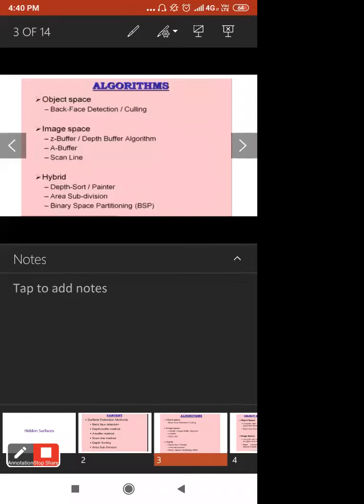When you are in a world coordinate system with world dimensions, you are in object space. Image space means you have the screen coordinates, when you convert the world coordinates into screen coordinates, so that space is the image space.